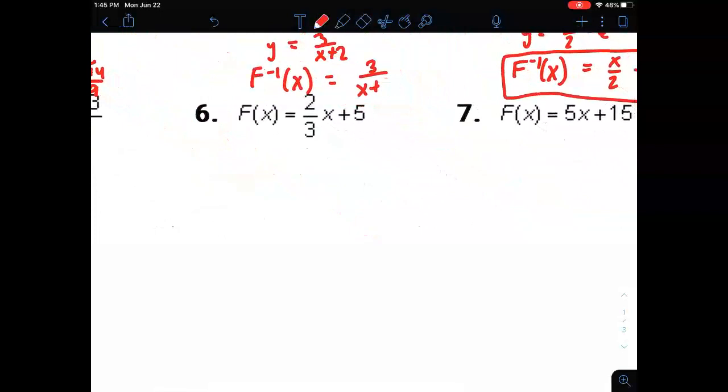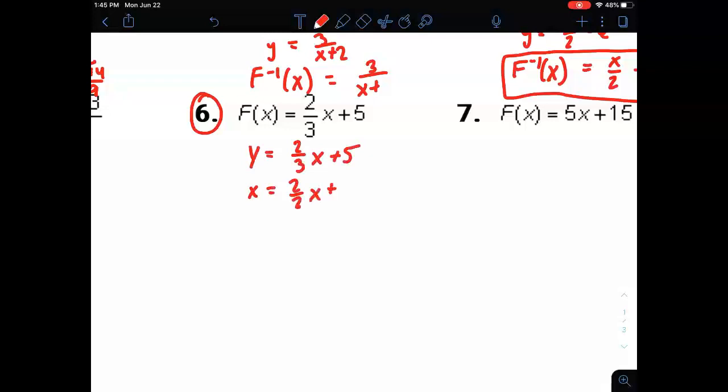All right. So for this next one here, we said we were going to do number 6. Same process. y equals 2/3 x plus 5. Switch. x equals 2/3 y plus 5, subtract 5 from both sides, x minus 5 is equal to 2/3 y. All right.